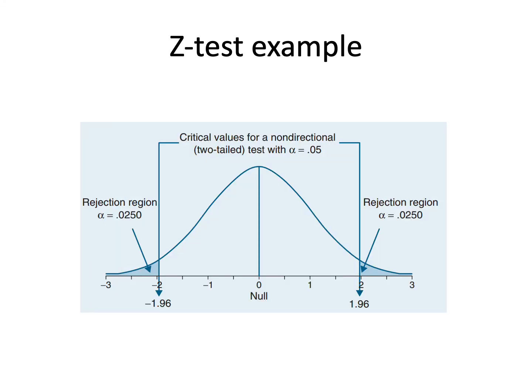We can see the rejection region and the acceptance region and its critical values for the non-directional two-tailed test when we set alpha equal to 0.05, as we discussed in our previous slides.